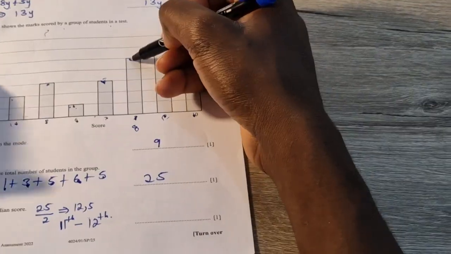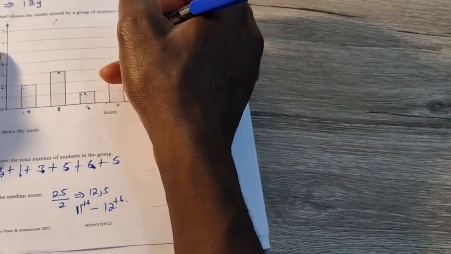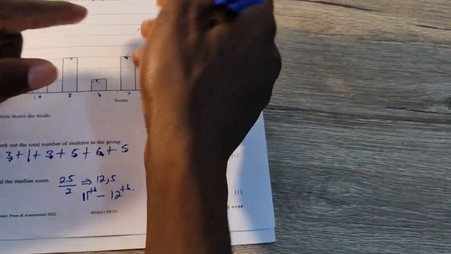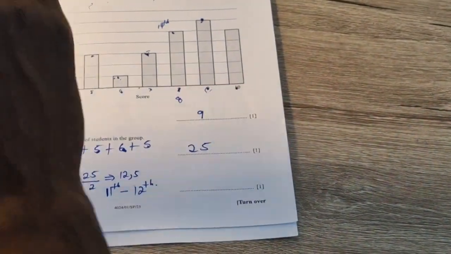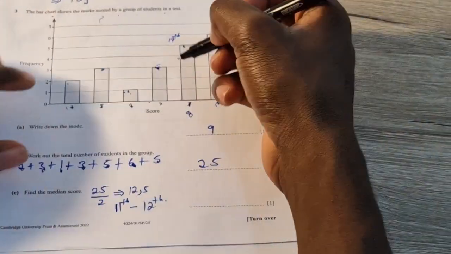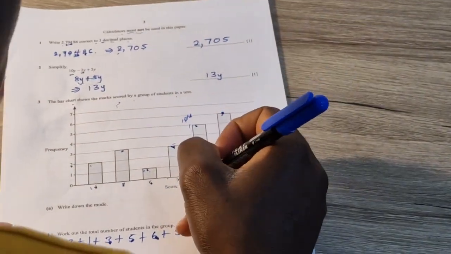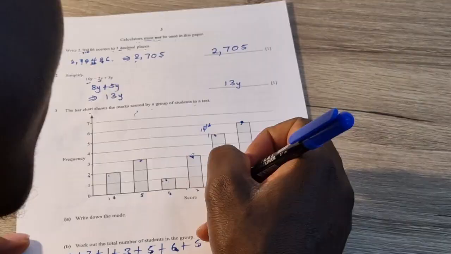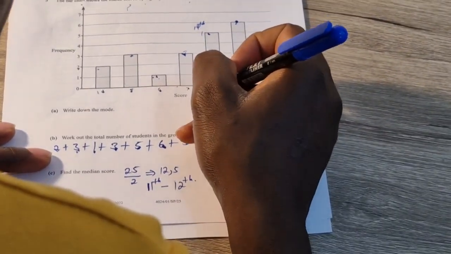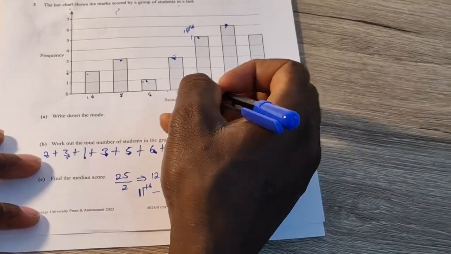So here we have got 14 students. There is the 14th student, the 13th student, 12th student, 11th student and the 10th. On this bar, on the score 8, we have the 10th student up to the 14th student.